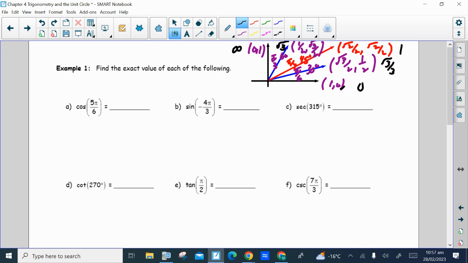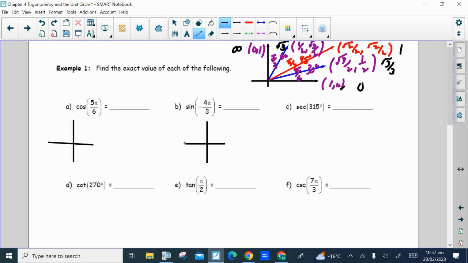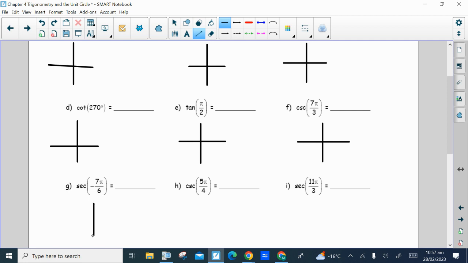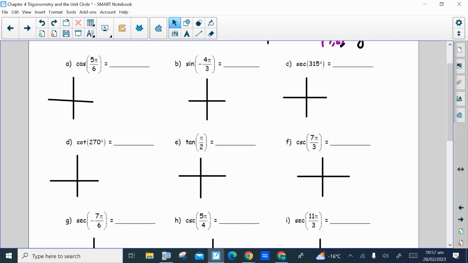So first we want the cosine of 5 pi on 6. So we'll do these the same as we did the other ones. We will draw our rotation angle because we need to know what quadrant our terminal arm is in. That's our first step.